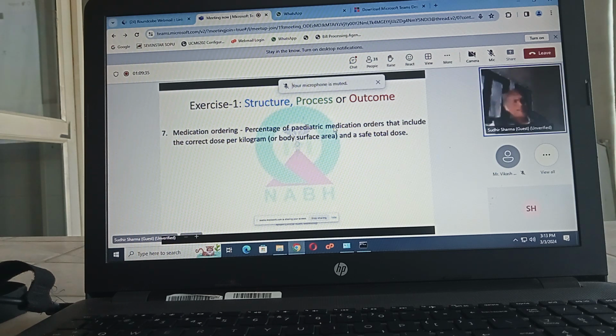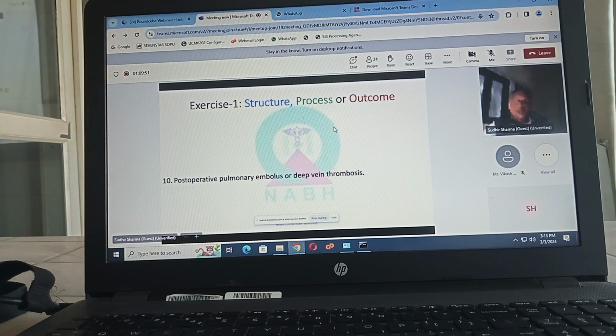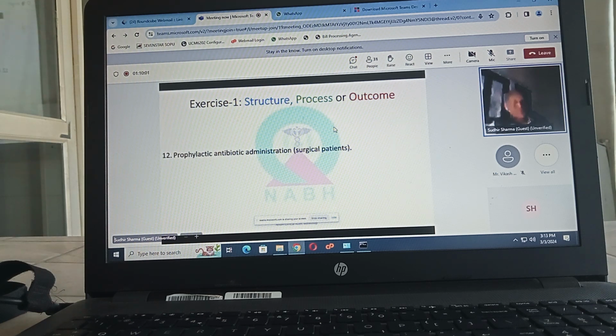Consistent with current guidelines, process. During procedure, outcome. Post-operative pulmonary embolus or DVT, you know. This talks about staff, so structure. Prophylactic antibiotic administration, process.